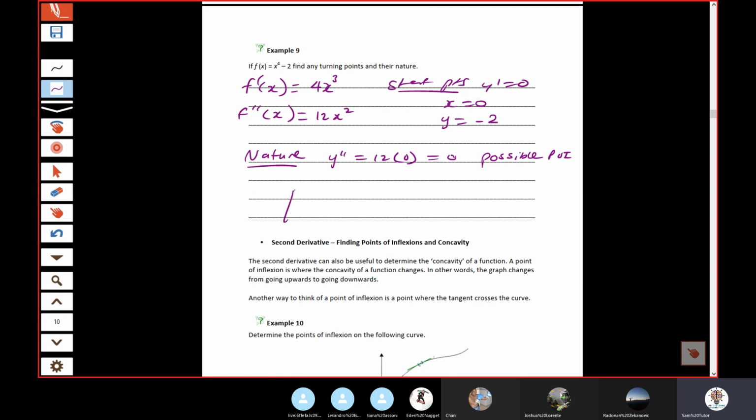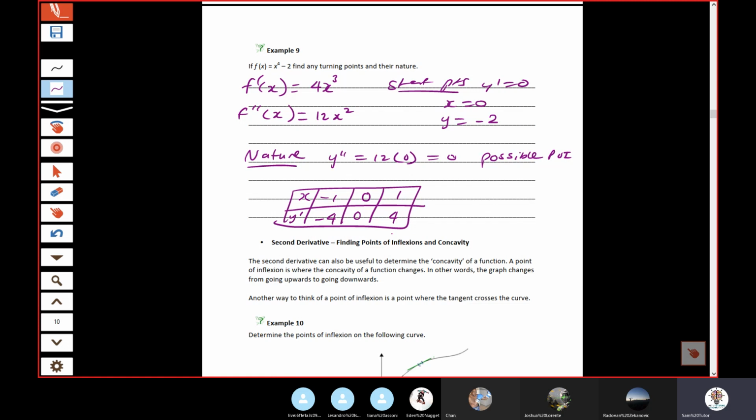So if you do it through the y dash table though, x, y dash, there is 0, there's 1 before it, there's 1 after it, that's always 0 at y dash. At -1, you sub it in, it's -4. At +1, you sub it in, it's actually +4. It's not a point of inflection.